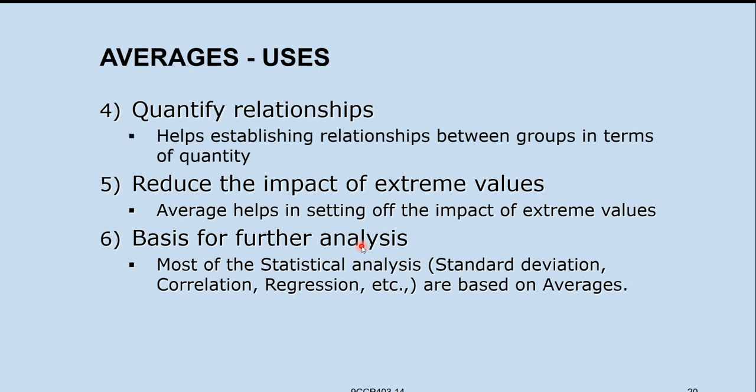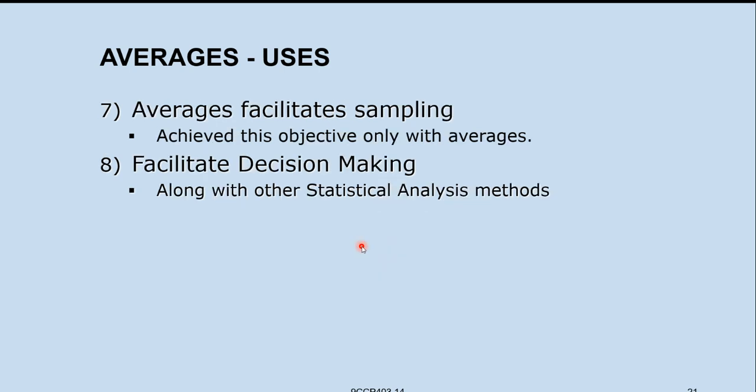So that is the importance of statistics. Next is averages facilitate sampling. Averages facilitate sampling means if a sample is taken from 10 different shops, we can take the average of them and the quality is best which we take from the average.